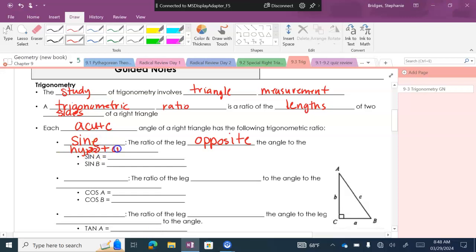Pen's not wanting to write. Okay, so the ratio of the opposite leg, opposite of whatever angle we're referring to, and the hypotenuse. And the hypotenuse is always the same, right? Hypotenuse is the side across from the right angle, yes.